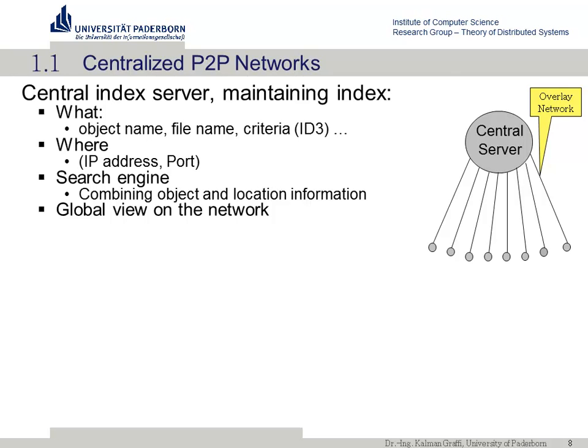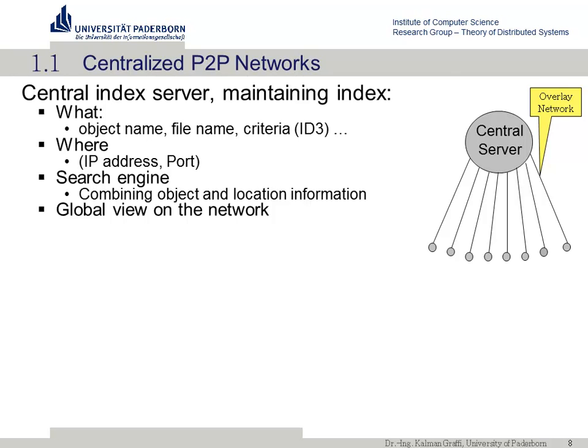An index, that's a term that we will come up with many times, and that means it's listing what you can find where. And if you use a server, then it's simple. You just have a list of object name, file name, criteria, ID3 tags, and the corresponding peer which stores it, so IP address and port. And it's very simple to find specific documents that you are looking for.